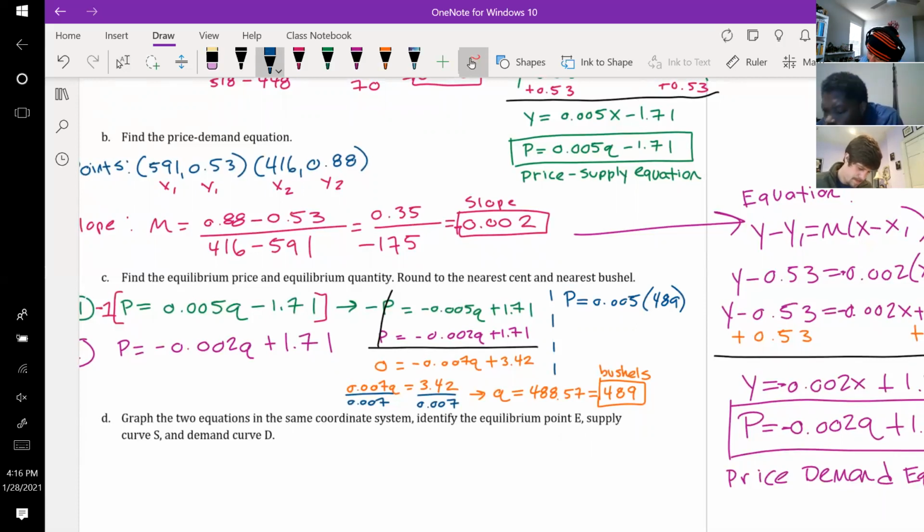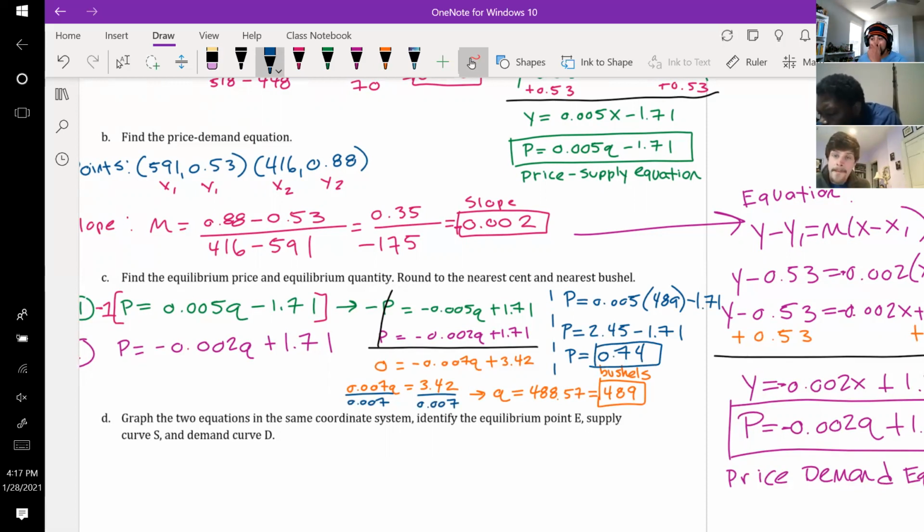Minus 1.71. Bring you back in here. And if I calculate all that, 0.005 times 489 gives me 2.45. And 2.45 minus 1.71 is going to give me 0.74.